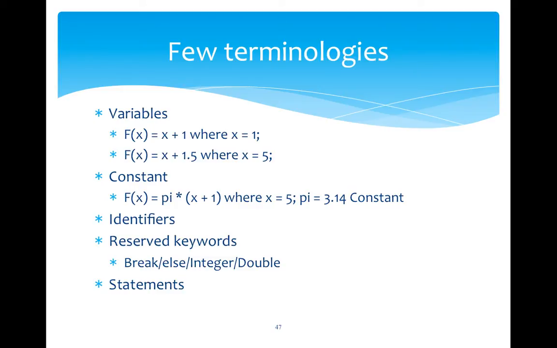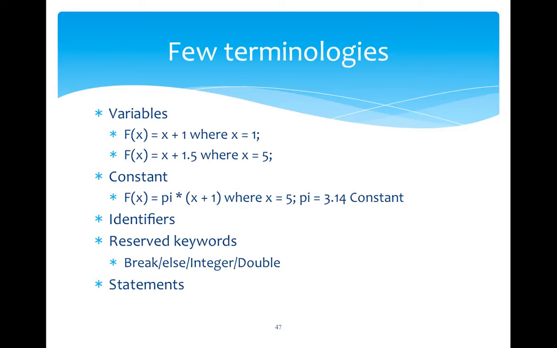Now we talk about identifiers. If you see here, x is an identifier which is identifying that particular variable. And in programming language it has certain rules through which we can define our identifiers.